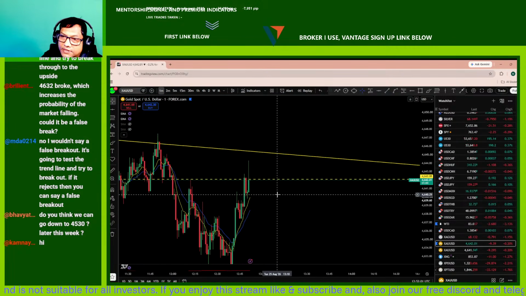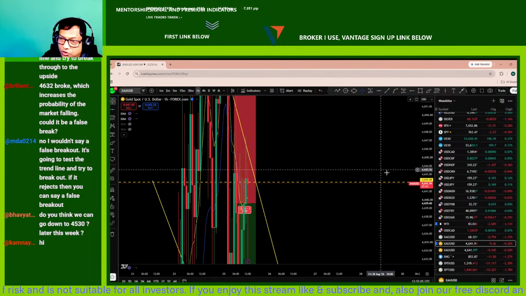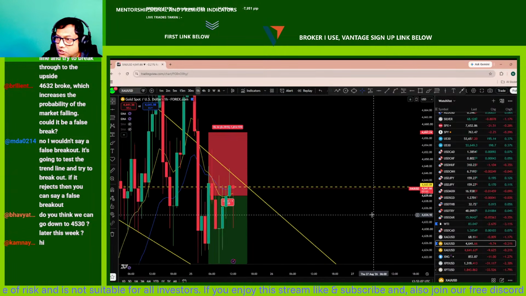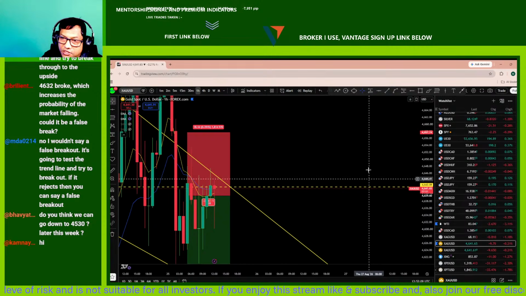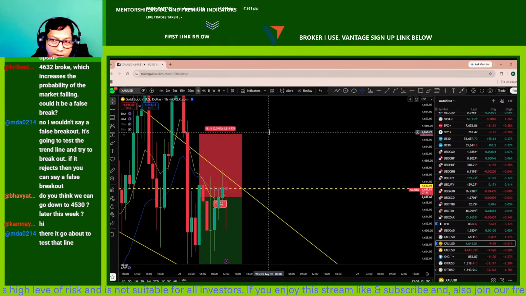So at the moment, at this level, it just bounced off this zone, which is showing its possibility to go up a little bit. There it got about to test the line.